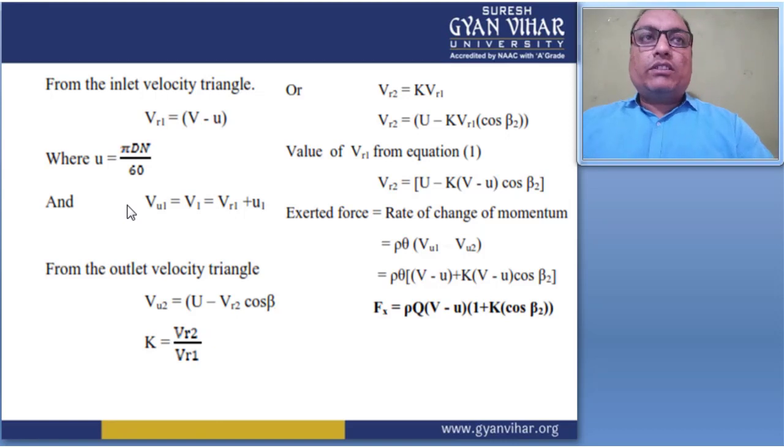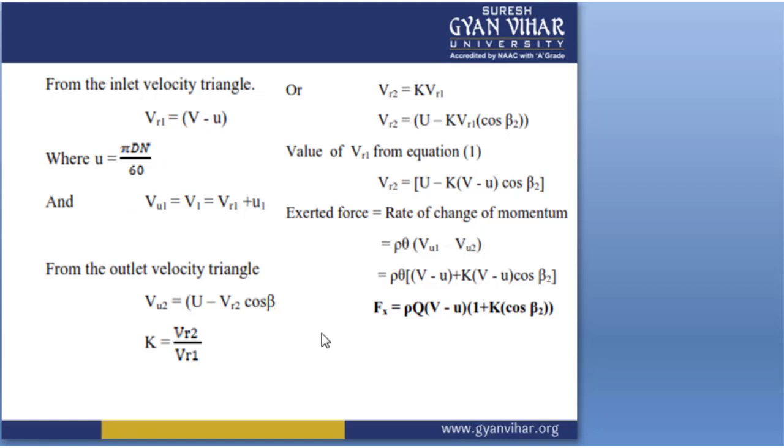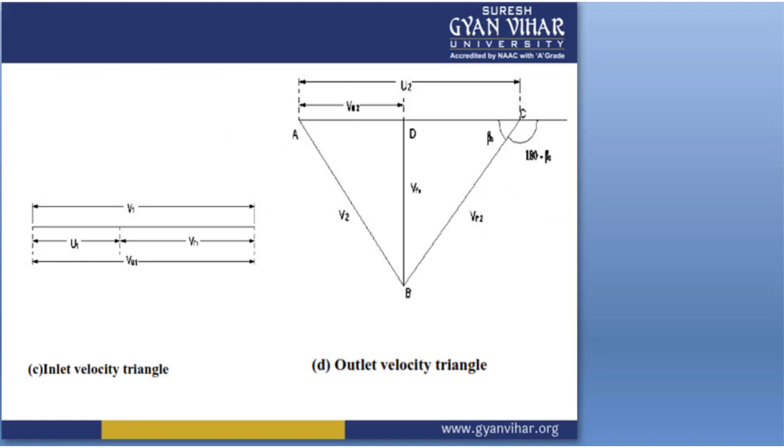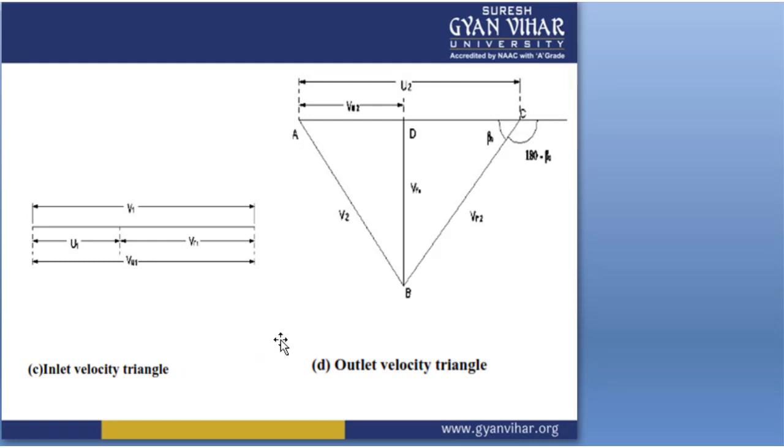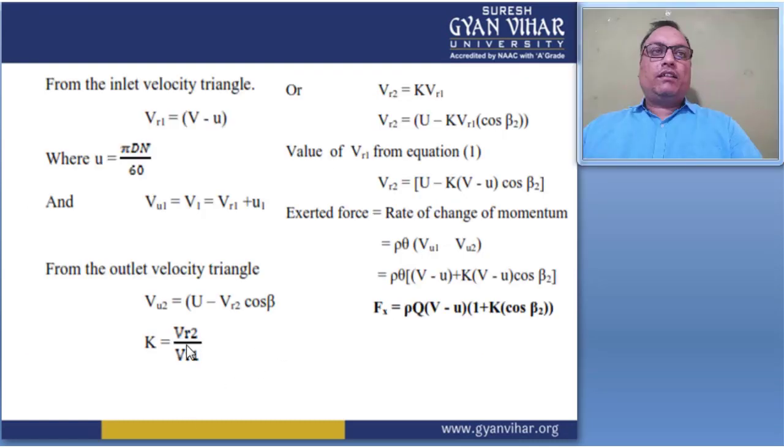From the inlet velocity triangle, VR1 equals V minus U, and VU1 equals V1, which is VR1 plus U1, where U is pi D N divided by 60.